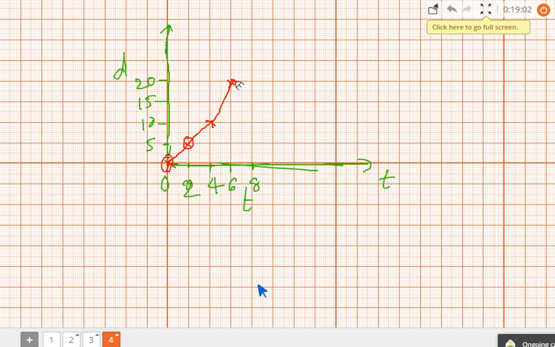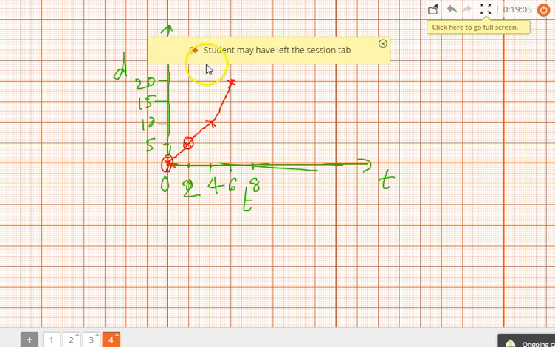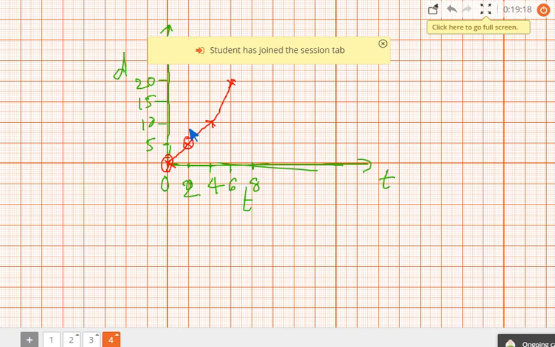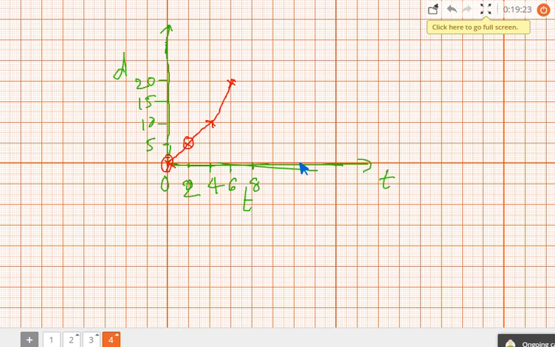So if in the exam this question came, and after the question it asks what type of motion it is showing, generally it's a slightly confusing question. This is the uniform motion only. But from here to here, that is non-uniform motion, because equal distances should be covered in equal intervals of time.